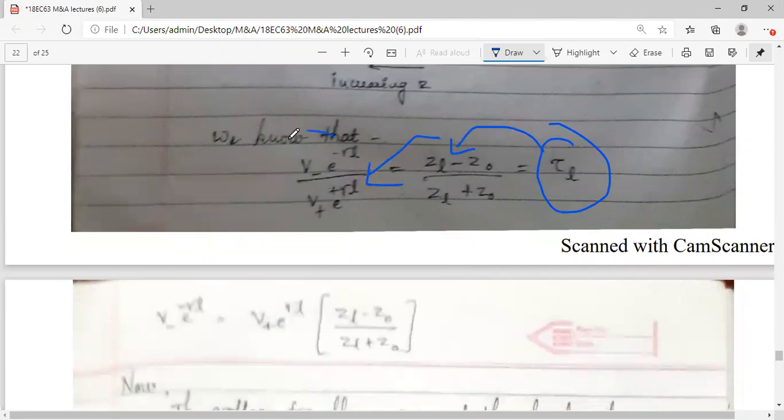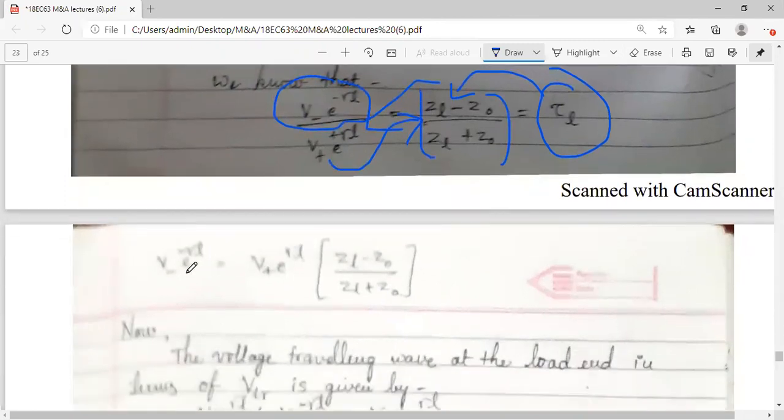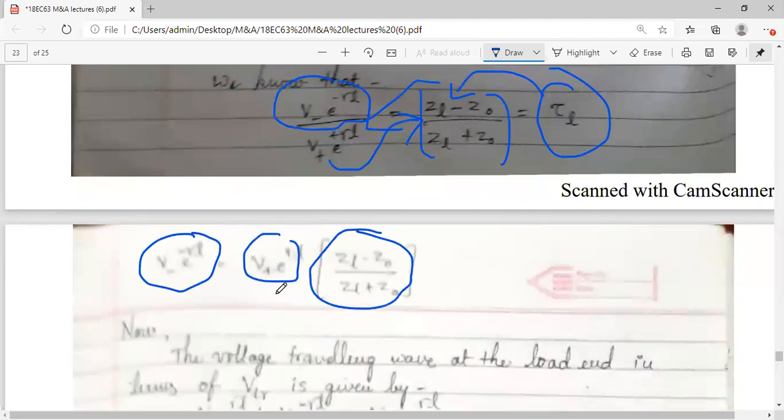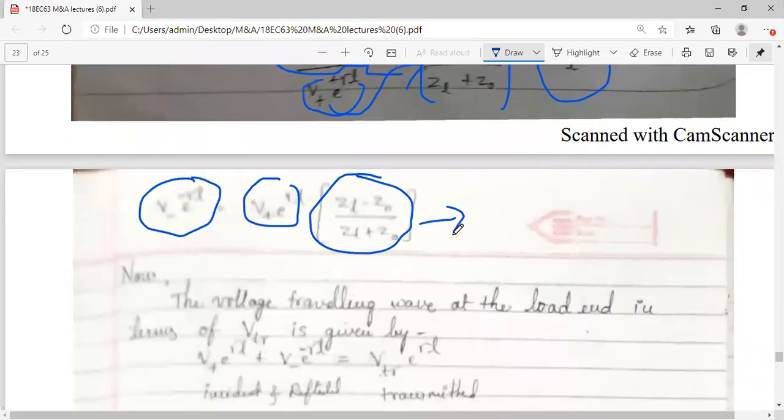How we can do this? V minus is equal to, take this denominator to this, multiply it with this, you will get V minus is equal to V plus times this bracket. Hope you are understanding. Whatever denominator term is there, I have just moved it to the RHS. This readjustment is required for us.